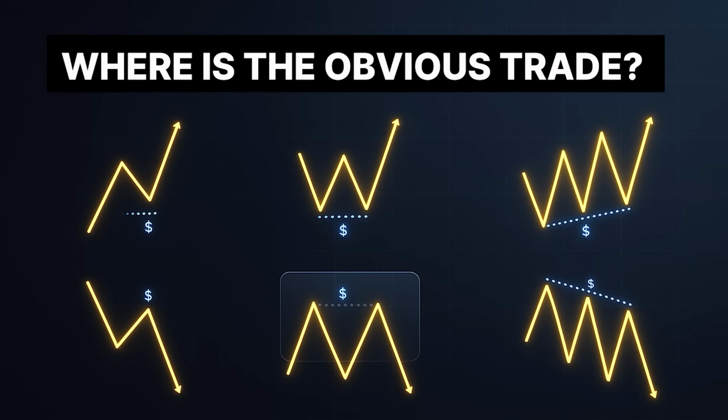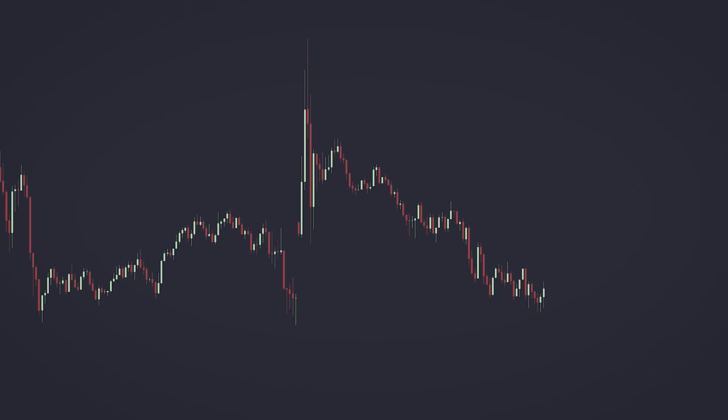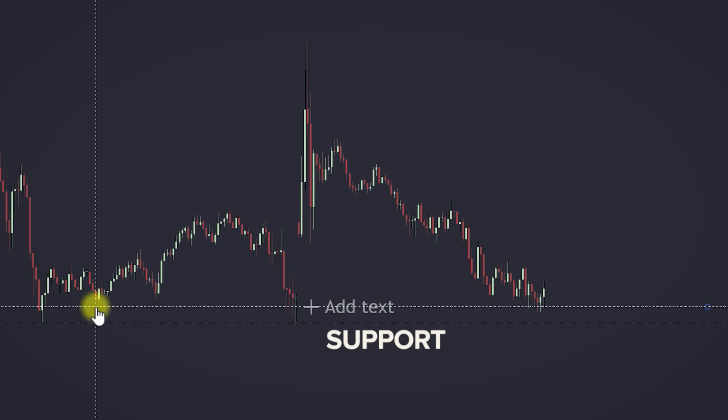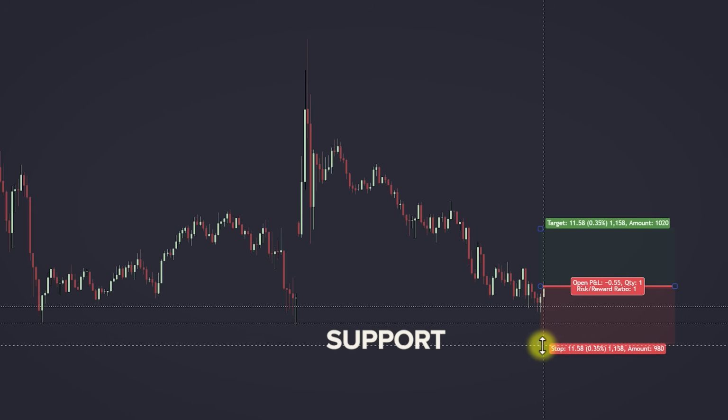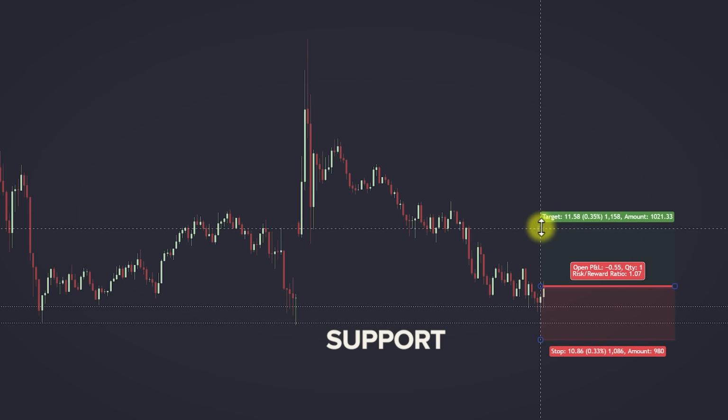Here's the question that will save you thousands of dollars. Where is the obvious trade? And where would the stops for that trade be? Because that's where the market will likely go next. Let me show you this in action. We have a perfect looking support level. Most traders see this and think, great, I'll buy the bounce and put my stop below the low. But smart money sees all those stops below the low as a target.